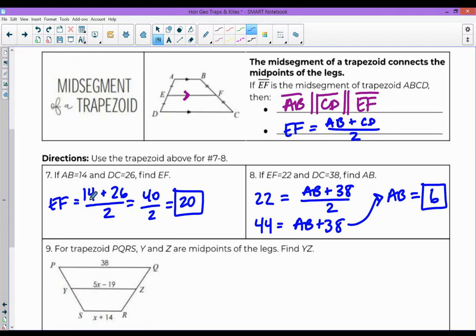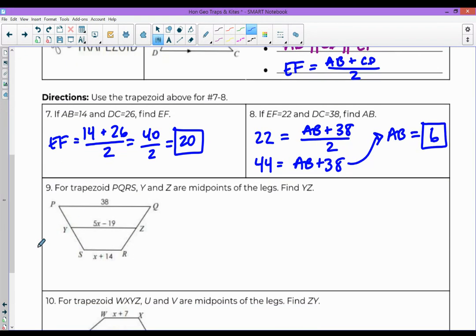Okay, here we go. Another one. For this trapezoid, now we're incorporating algebra into it. Y and Z are midpoints. So that means YZ is the mid-segment of the trapezoid. So I'm setting this up the same way I did this numerically.